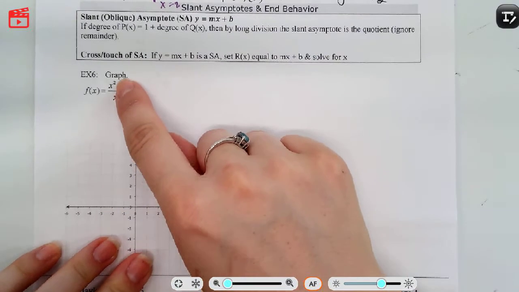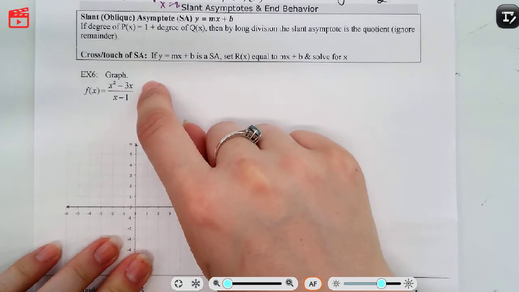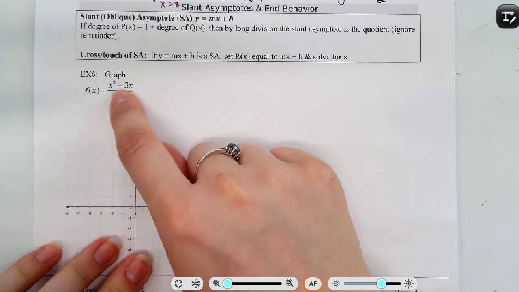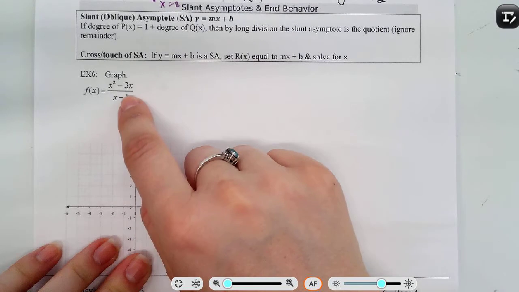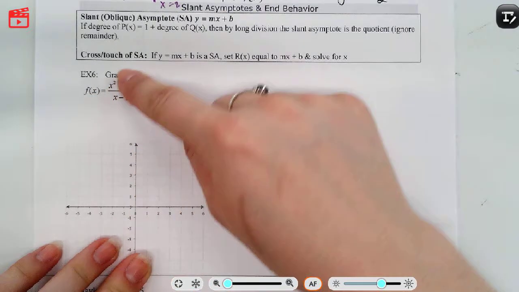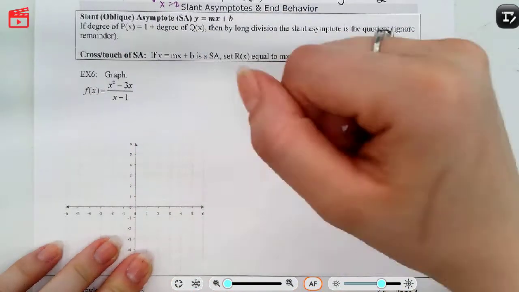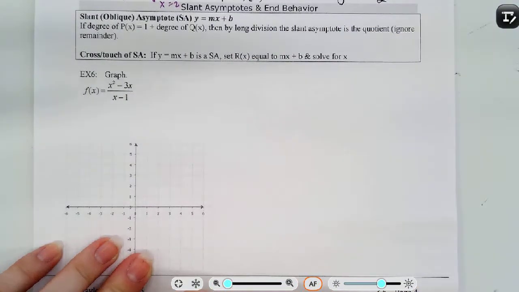Okay, so let's see this. My top polynomial's degree is a 2, and my bottom polynomial's degree is a 1. So this top is 1 more than the bottom, which means I'm going to have a slant asymptote.